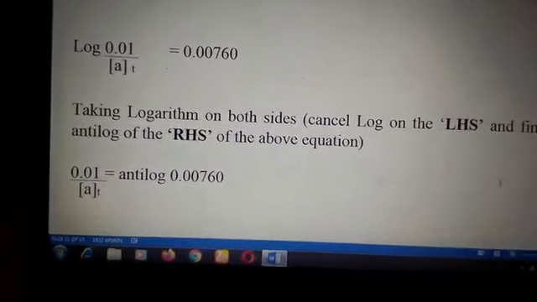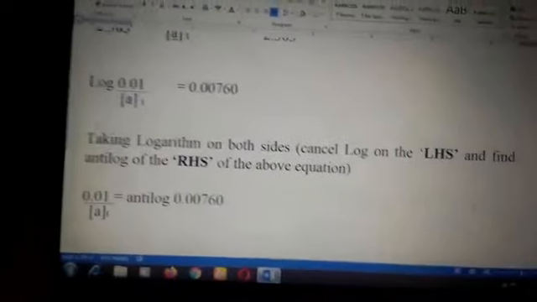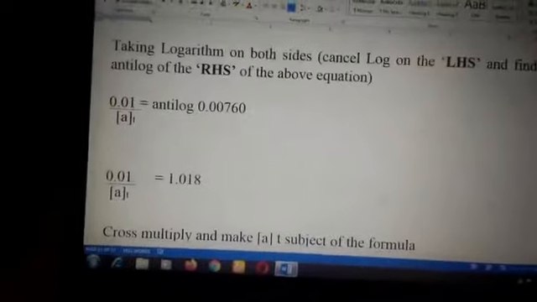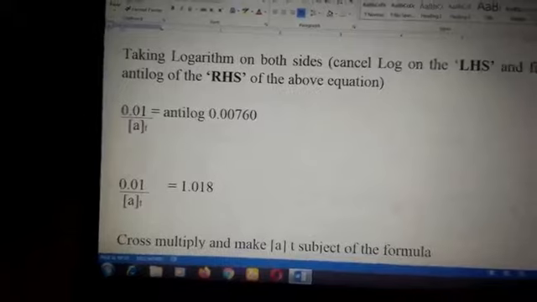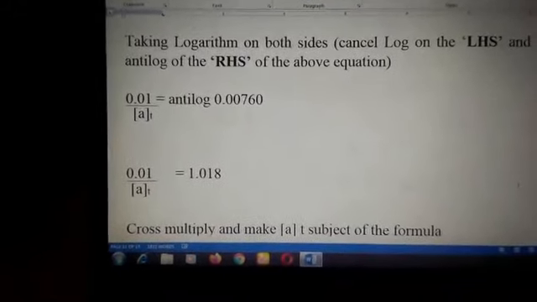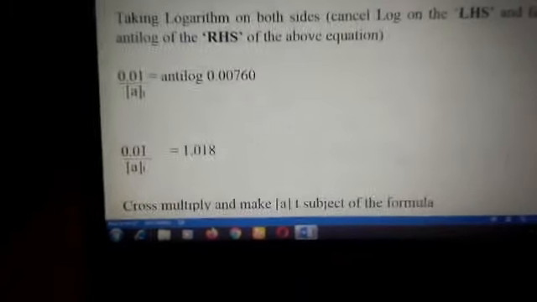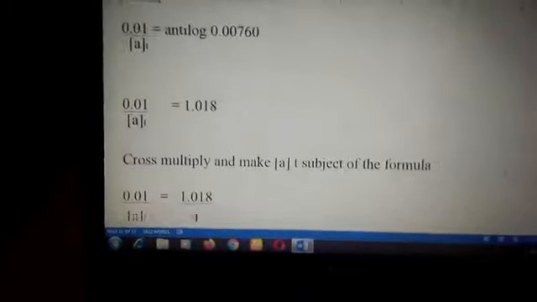You now find the anti-log of 0.00760. From your four-figure table or your calculator, the anti-log of 0.00760 is 1.018. So we are left with 0.01 over A_T equal to 1.018, which is the anti-log of the right hand side.